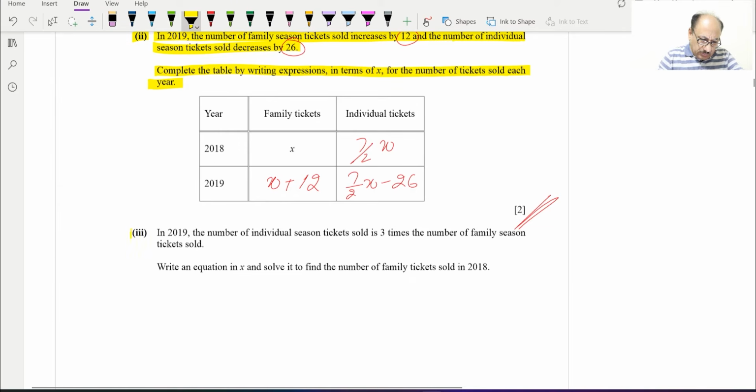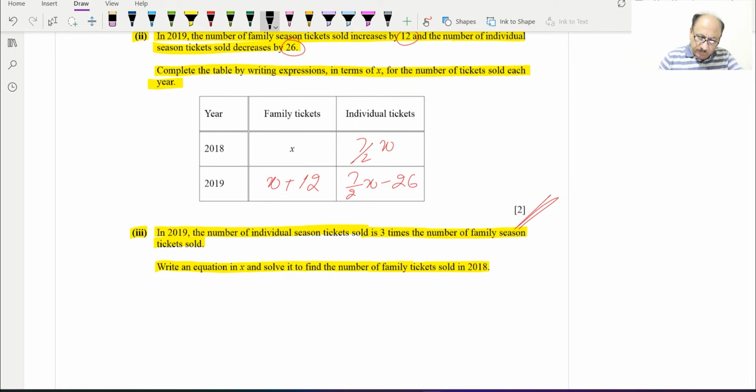Now the same question, part 3. In 2019 the number of individual season tickets sold is 3 times the number of family season tickets sold. Write an equation in x and solve it to find the number of family tickets sold in 2018. So we need to form the equation.